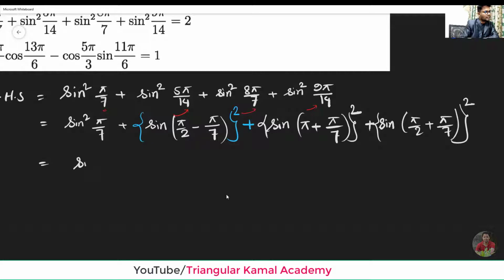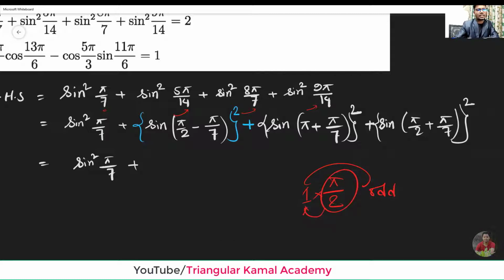Right here this is sine square pi by 7 plus, here this is the first quadrant. So now there is an invisible pi by 2. There is an invisible 1, which is an odd number. We said already in previous classes that when 90 is an odd multiple, then sine is converted to cos and cos will be sine.